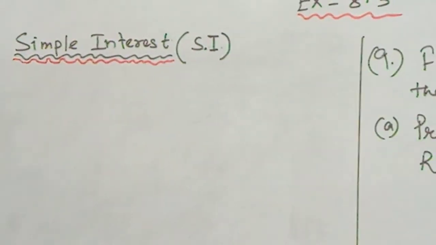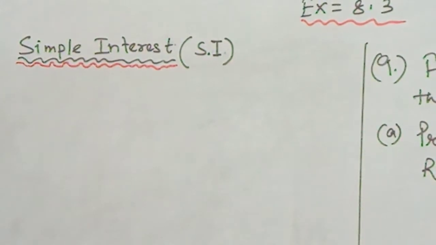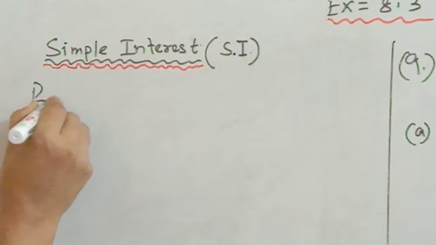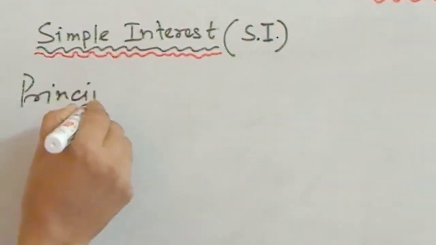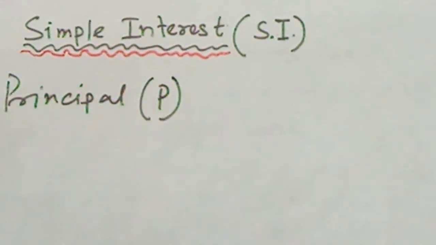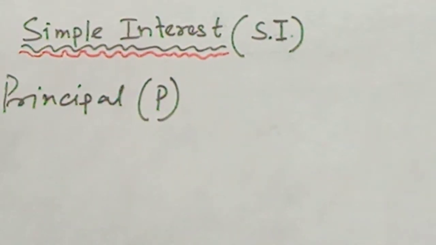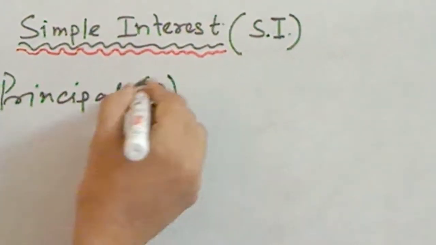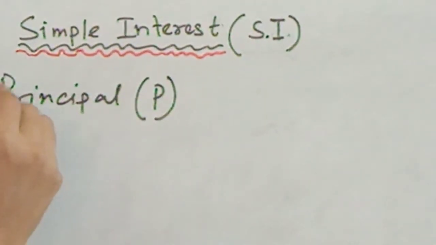Now the first word is principal. Principal, in short you will write P. The money borrowed is called principal. Money borrowed or money deposited is known as principal.